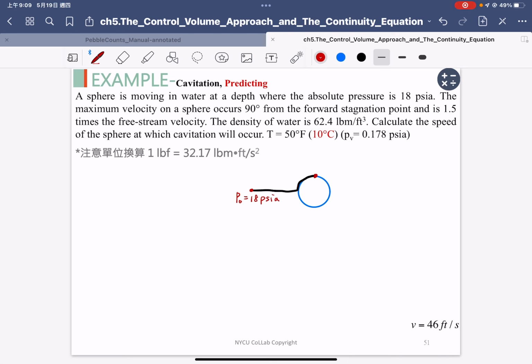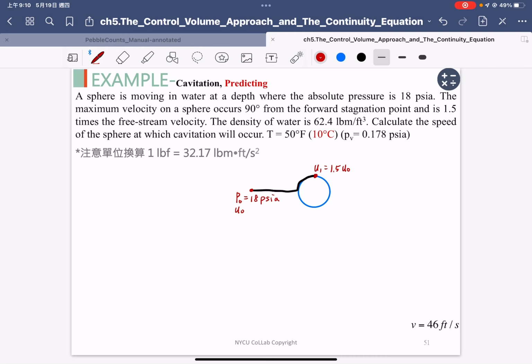So the point moves to here, and the velocity is 1.5 times the free stream velocity. The free stream velocity here is U0, and the velocity here we may call U1, which is 1.5 times U0.